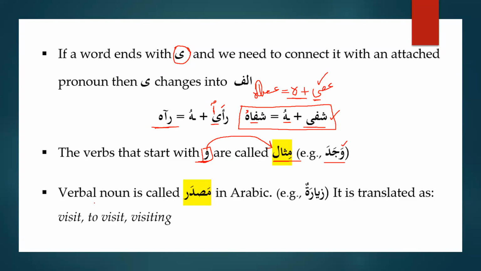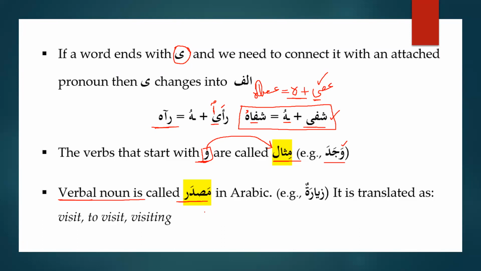Then every verb has a verbal noun, and the verbal noun is called masdar. For example, we say nasara yansuru nasran, daraba yadribu darban, sami'a yasma'u sam'an. So masdar in Arabic is very, very important.